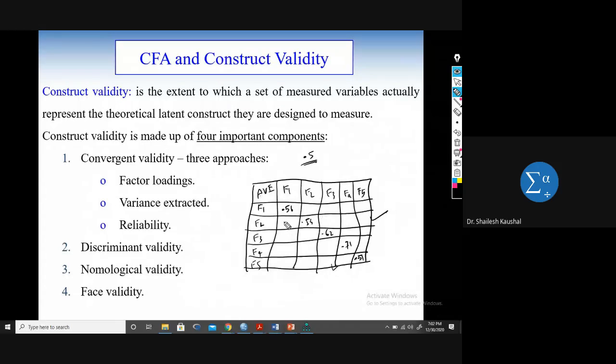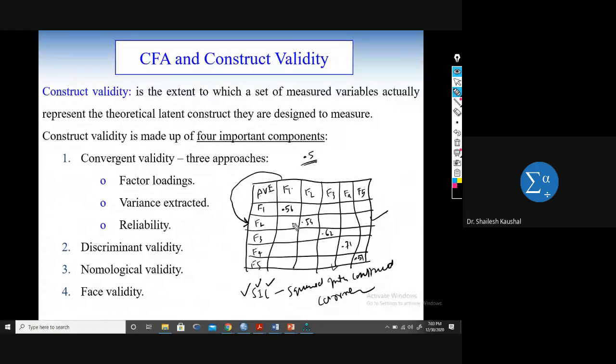So I am taking the value, F1 correlated with this. Here I am taking the value of SIC. SIC means squared inter-construct correlation.